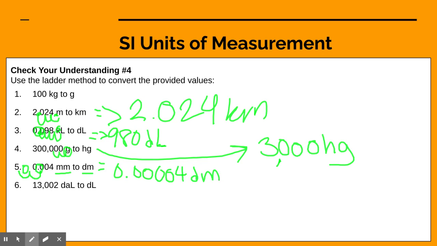And then the last one, 13,002 deciliters to deciliters. First thing we're going to do, establish our decimal point. Okay, right there. And I know that starting in deciliters, I've got to move 2 places to the right. So I'm going to take my decimal, I'm going to move 1, 2, fill in both jumps with zeros.